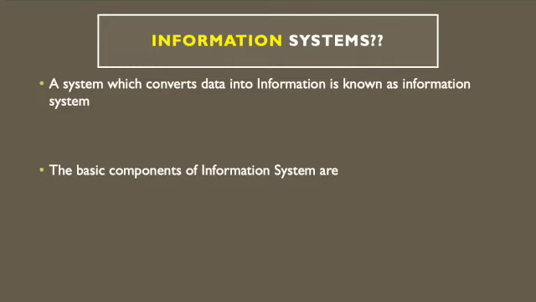But in an information system we don't say input, we say data. In a system we say input, but in an information system it is data, process, information. When you give the data, it produces the information. That is why we call it an information system.